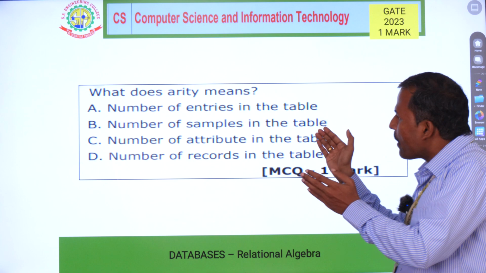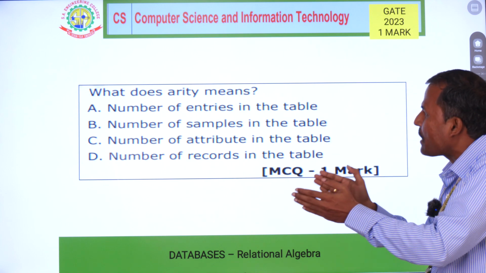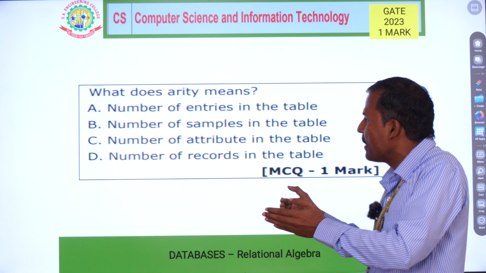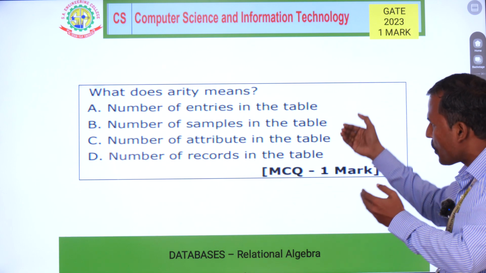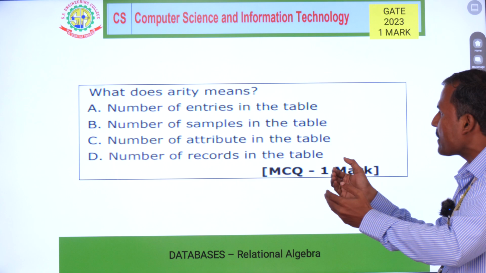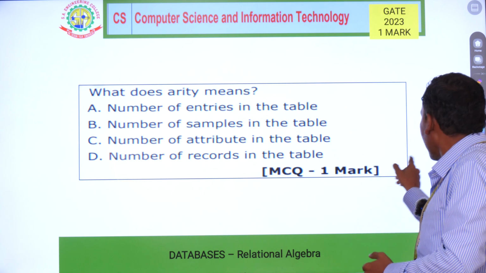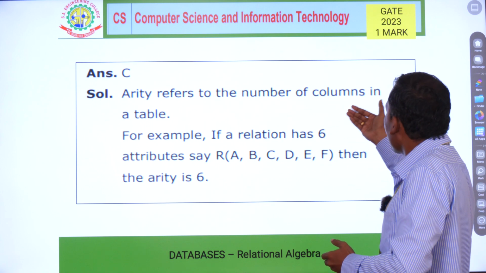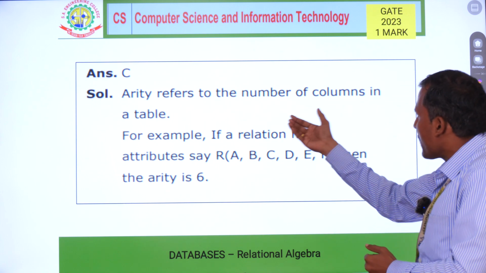So operations that involve two relations, which means union, intersection, set difference, Cartesian product, have this word arity. Arity means the same number of attributes, and the answer is C. Arity refers to the number of columns in a table.